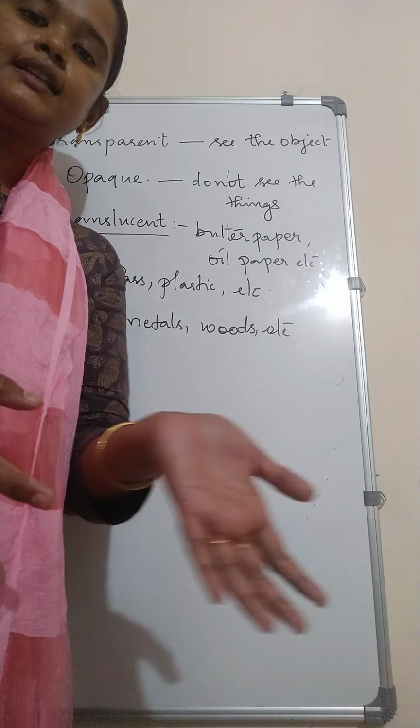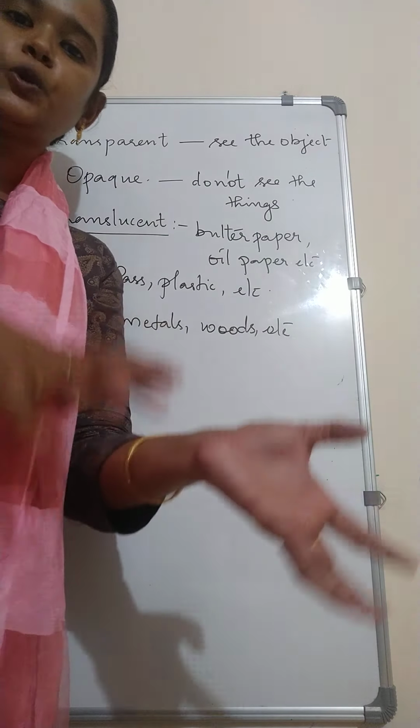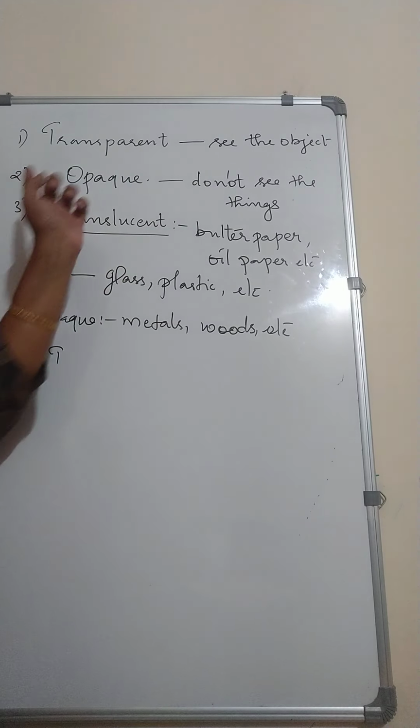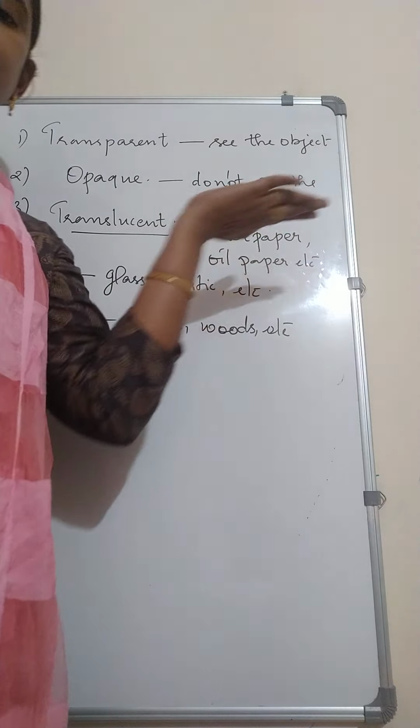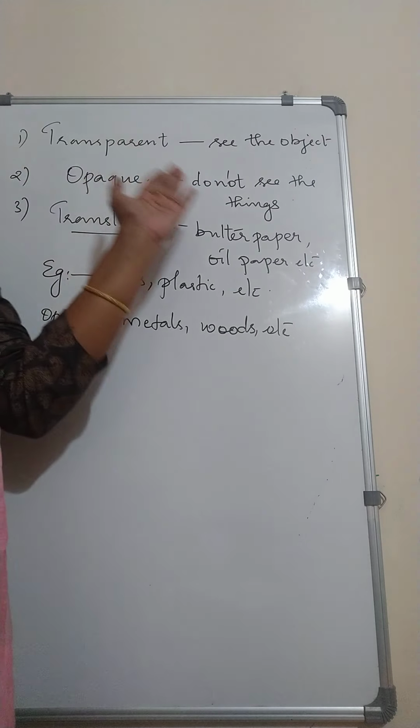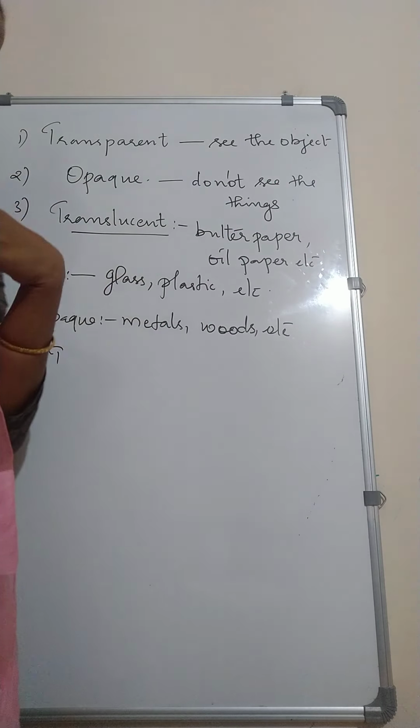Then another property of materials is soluble or insoluble. Some of the materials are soluble, some of the materials are insoluble. Another property is that materials are transparent, opaque and translucent. Transparent means what? Through that material we can see the things. Opaque means we do not see the objects through it.